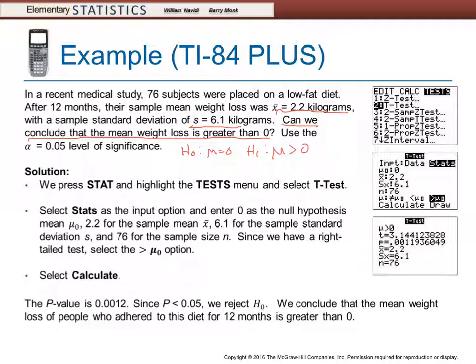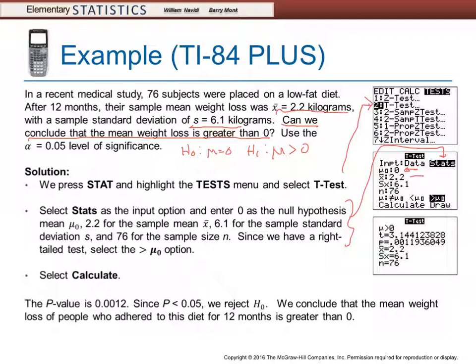And so we press the stats key, highlight tests, and we select the t-test. Now we select stats because we have the information. We enter 0 for mu naught.